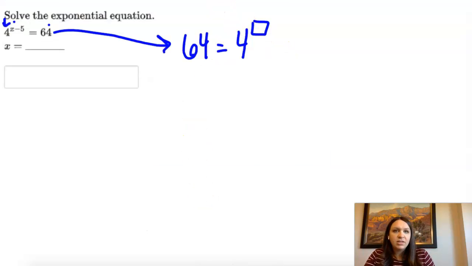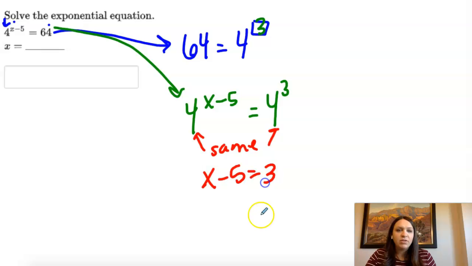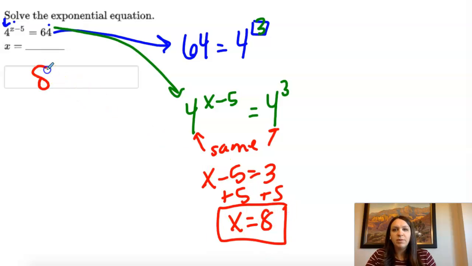So this will be 3. I'm going to rewrite this whole thing, 4x minus 5, but instead of 64, I'm going to write 4 to the third. Once my bases are the same, I have x minus 5 equals 3, plus 5, x equals 8. So I'm going to put 8 right there.